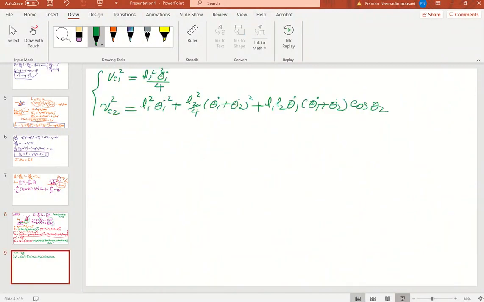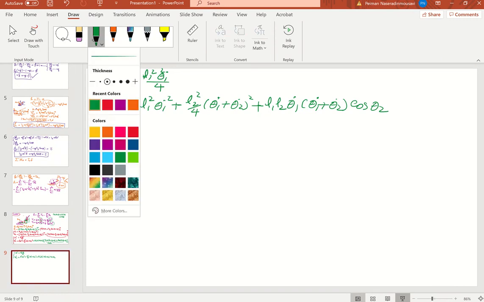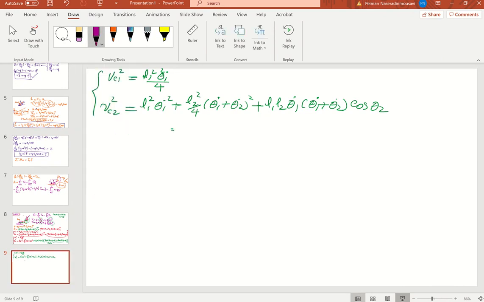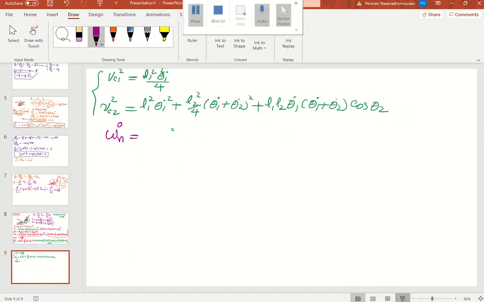If you remember, when I was teaching robotics, I had a formula, and I said, remember this formula I taught you, omega n with respect to 0 was, let me bring it up and write exactly like that because it's very clear.